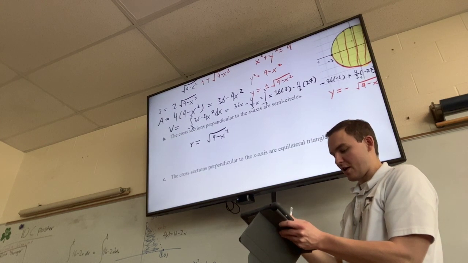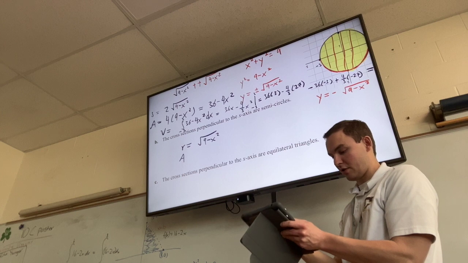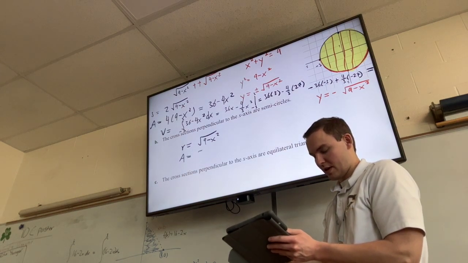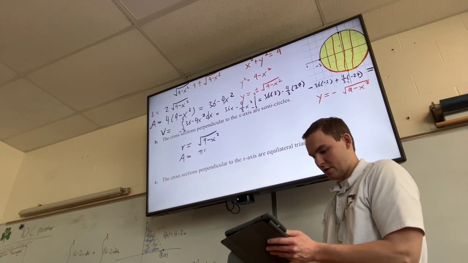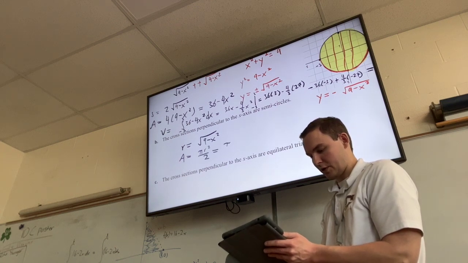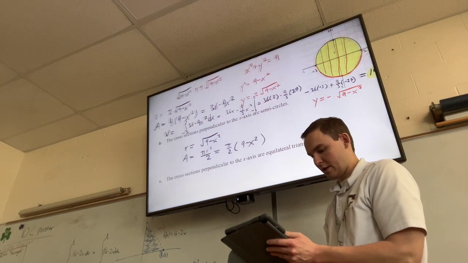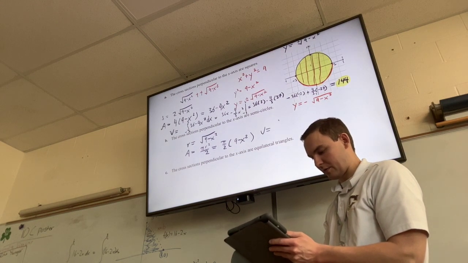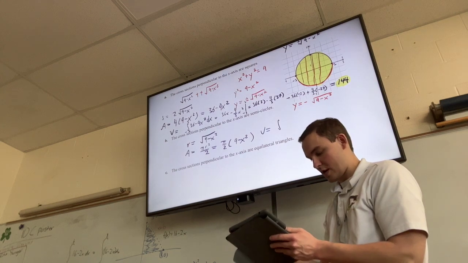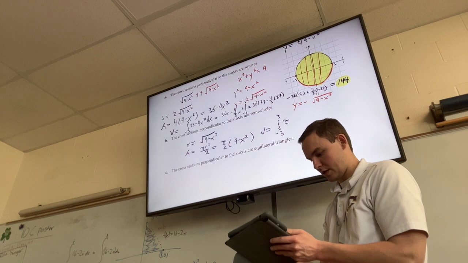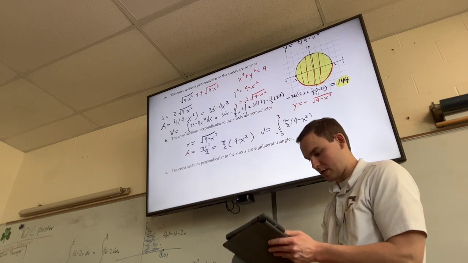Okay. What's the area of each of those circular cross sections, or semicircular? So pi r squared over 2, which is pi over 2 times 9 minus x squared. Okay, so then the volume is going to be the integral from -3 to 3 of pi over 2 times 9 minus x squared dx.